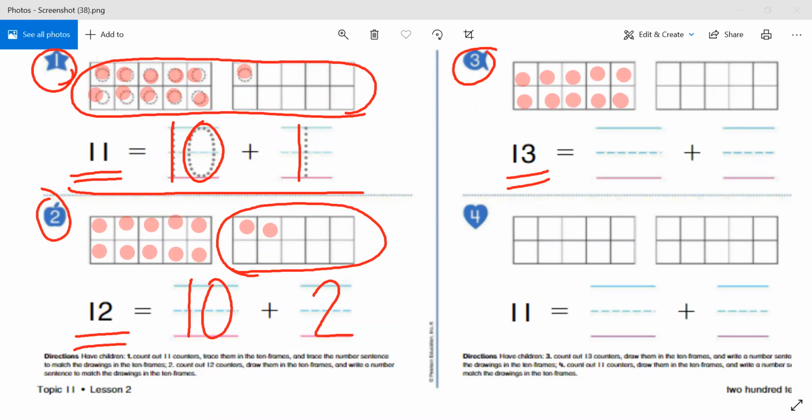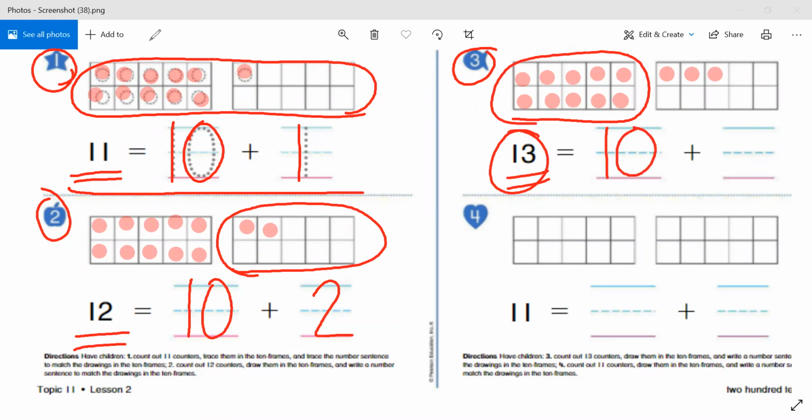So we count on 10, 11, 12, and 13. Let's write our number sentence. We have 13 equals, how many are in our first 10 frame? 10. And how many are in our second 10 frame? 3. So 13 equals 10 plus 3.